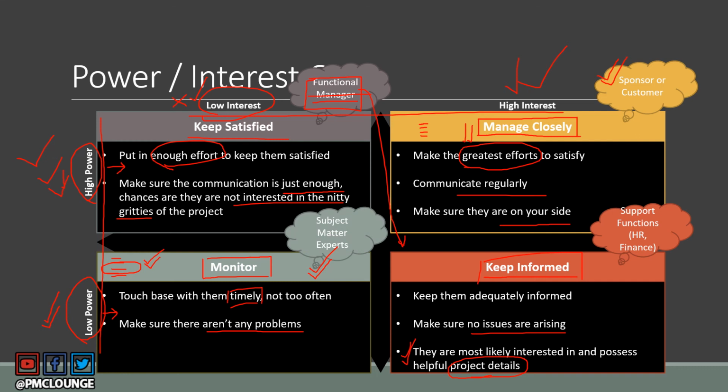Okay, I think we forgot one thing, and that is the fact that your subject matter experts, they are examples of the folks that can actually appear in low power and low interest quadrant because you may only consult them when required, right? You are not really actively engaging them in your project.